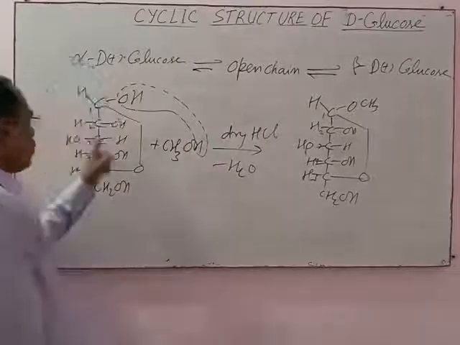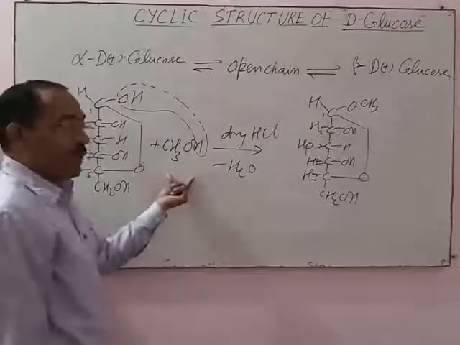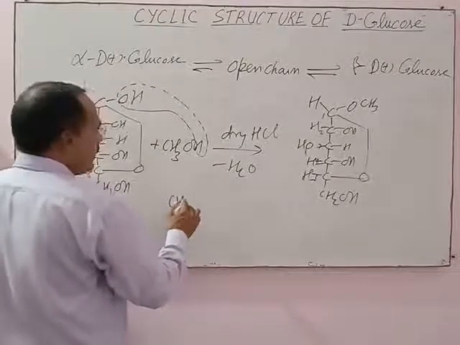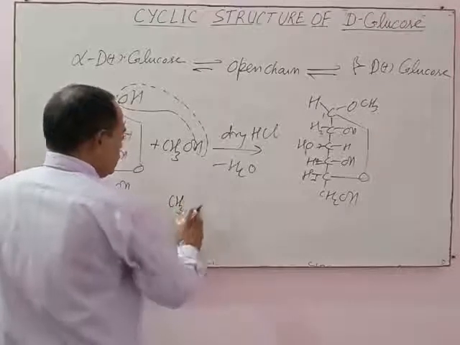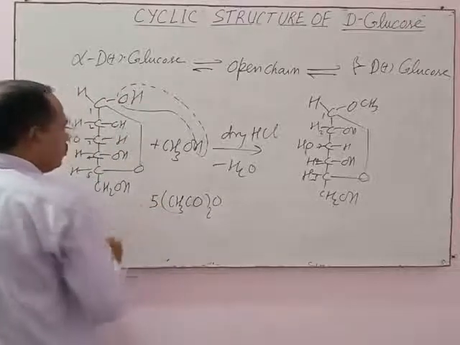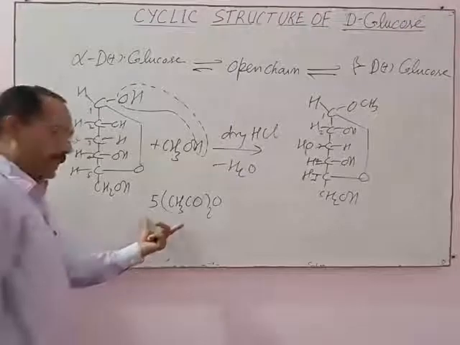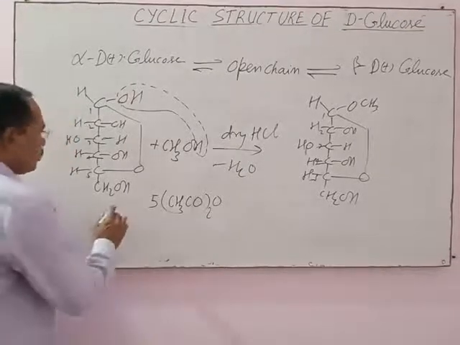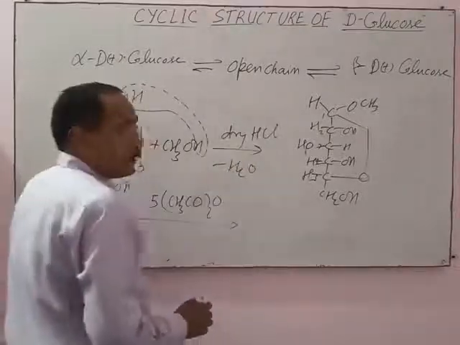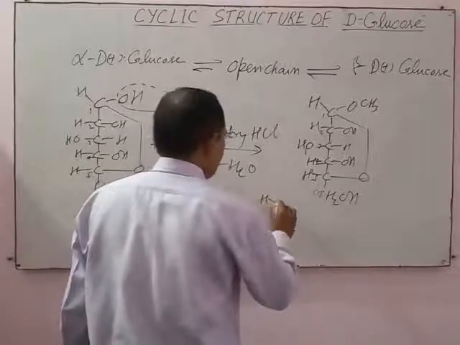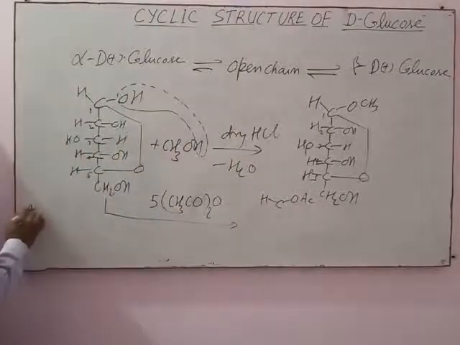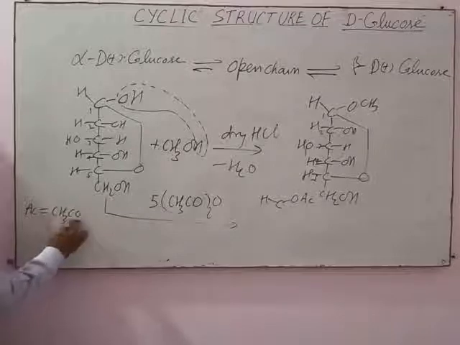And similarly, when glucose reacts with acetyl chloride, CH3COCl, or acetic anhydride, (CH3CO)2O, 5 molecules of acetic anhydride react with a glucose molecule, then the penta-acetate of glucose is formed. OAc, Ac means CH3CO.